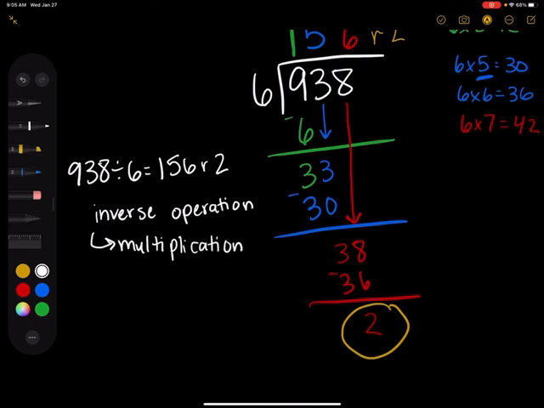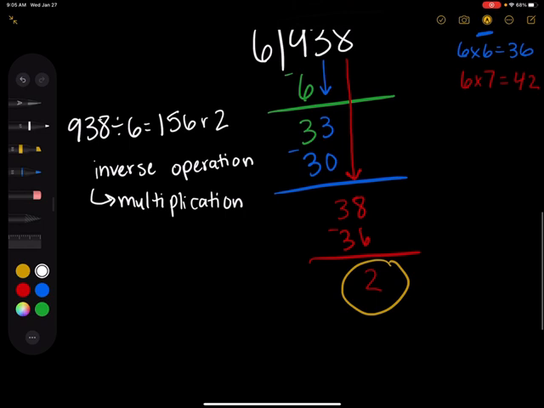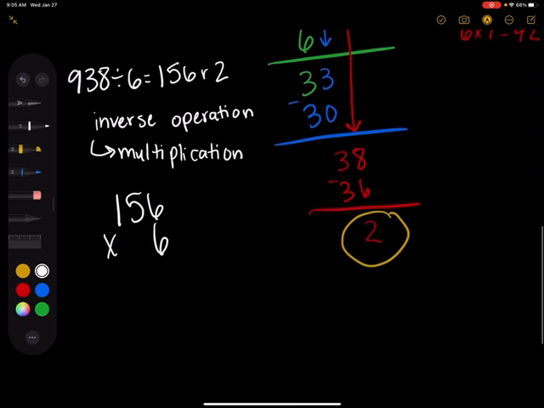So if I say, take my 156 and multiply it by 6. Okay, so I multiply it. This is how we multiply. 6 times 6 is 36. Then we go 5 times 6 is 30, plus the 3 is 33.